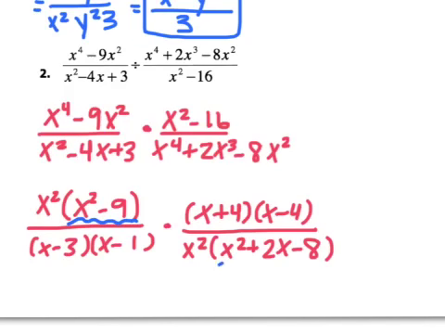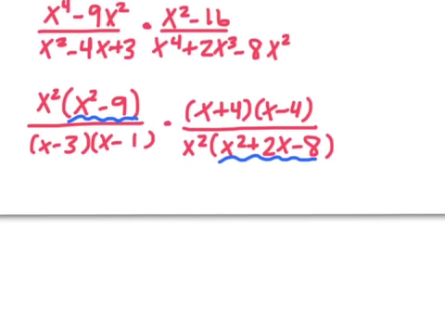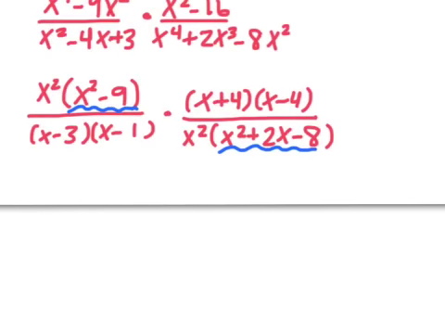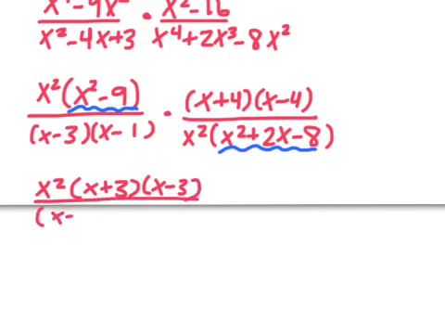One being the x squared minus 9, and then we need to look at the x squared plus 2x minus 8. So I'm going to go ahead and factor again. So my x squared minus 9 would be x plus 3, x minus 3. And I've got x minus 3, x minus 1.